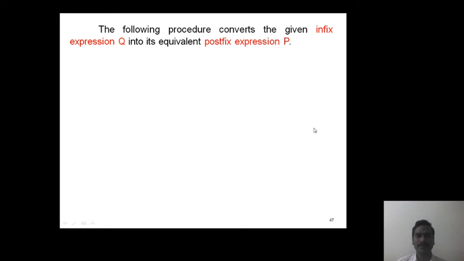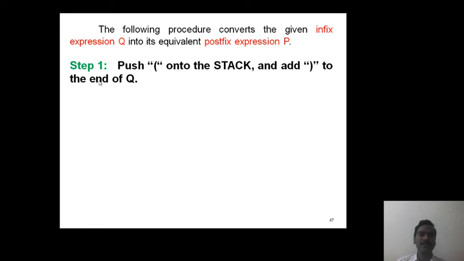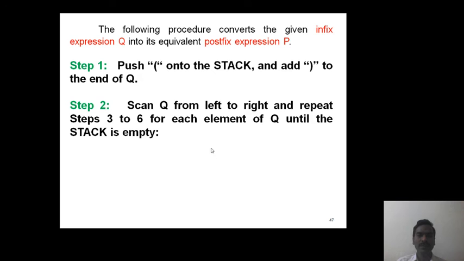Now the procedure. Step 1, push left parenthesis onto the stack and add a right parenthesis at the end of Q. Step 2, scan Q from left to right and repeat steps 3 to 6 for each element of Q until the stack is empty.